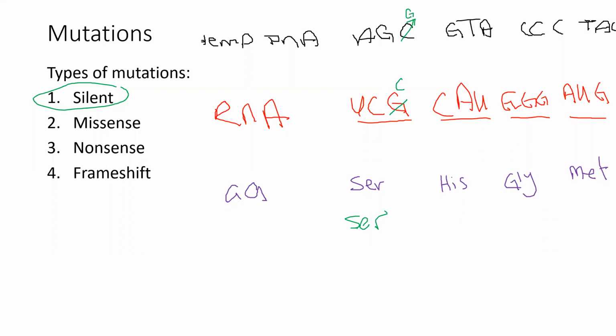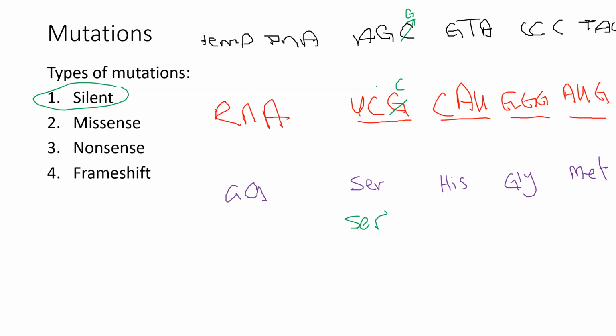So there are multiple codons for the same amino acid. Okay, and so that's again called redundancy. And that's actually a cell's way of protecting itself, because if a mutation like the one I just showed you occurs, there's no lasting consequence because the same amino acid is made or incorporated.